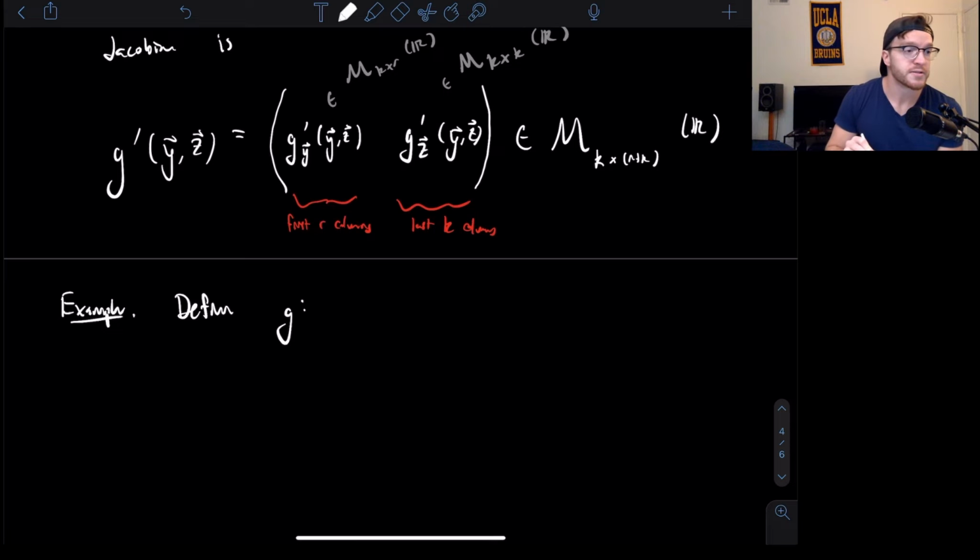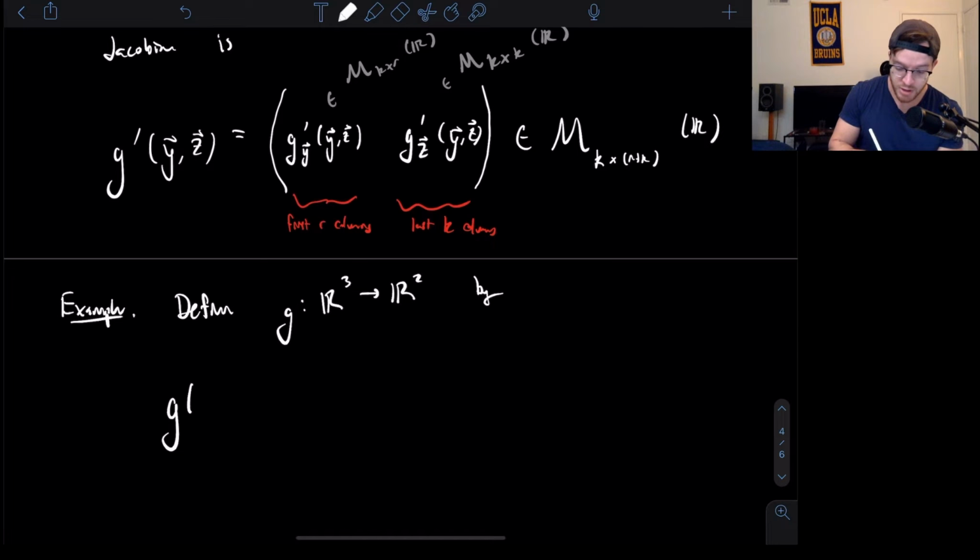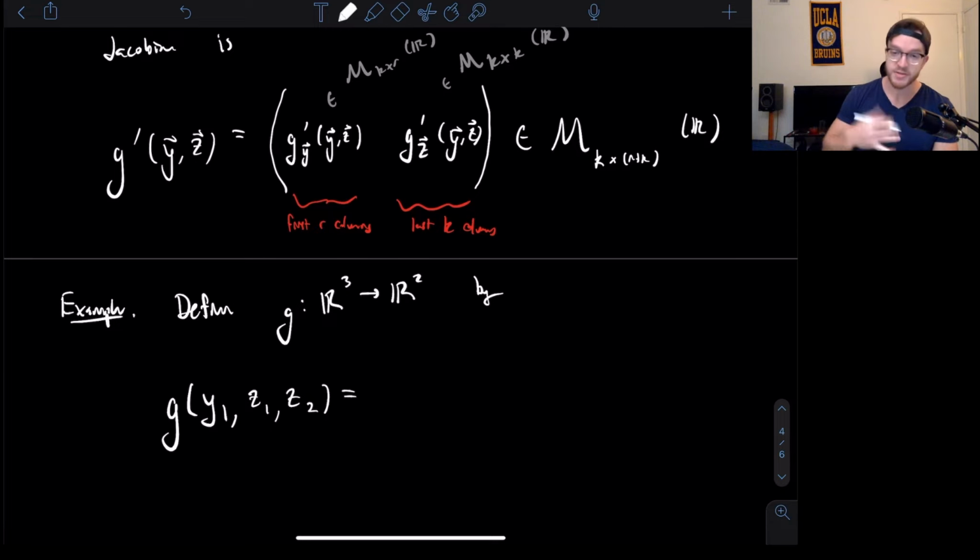Define G, let's see, what do I want to do? Let's have G go from R3 to R2. I'm going to have one y variable, so little r is 1, and then two z variables. So that's 3 total variables, and then I need to spit out a 2-vector.